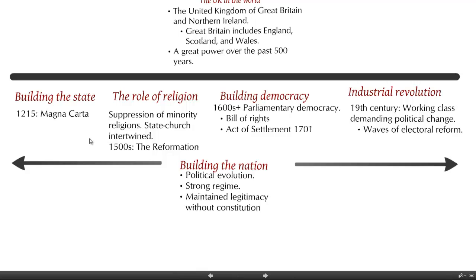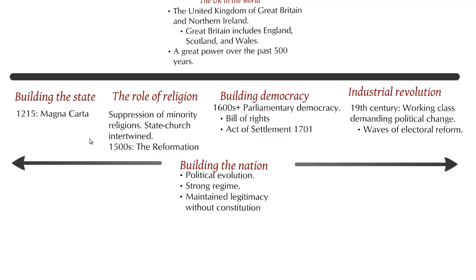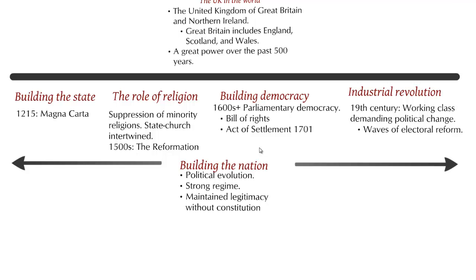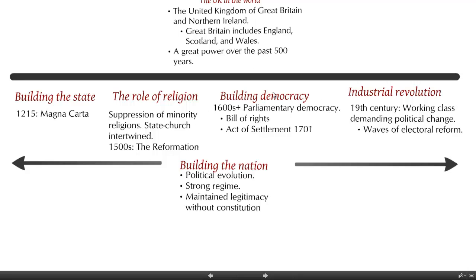But this tells you about a different development of the role of religion in society in the history of the United Kingdom. And this is actually a good segue into the issue of building democracy.